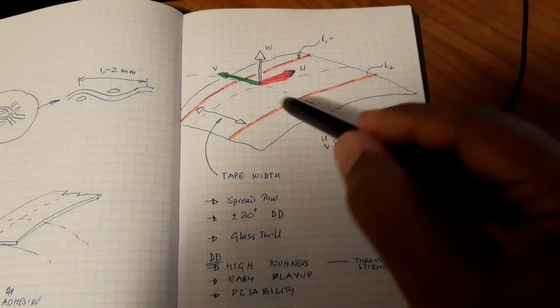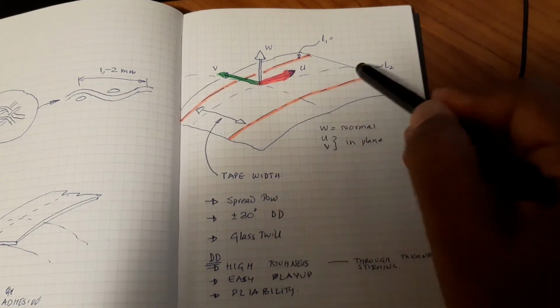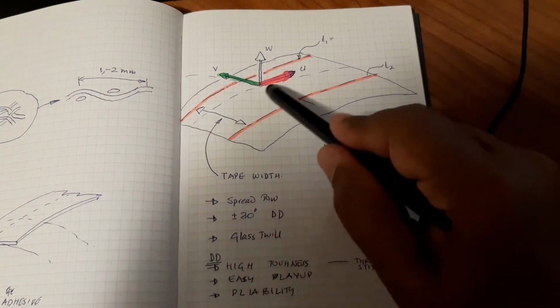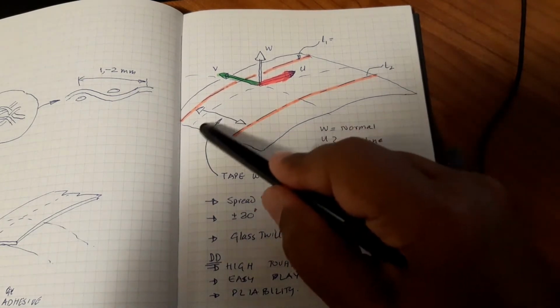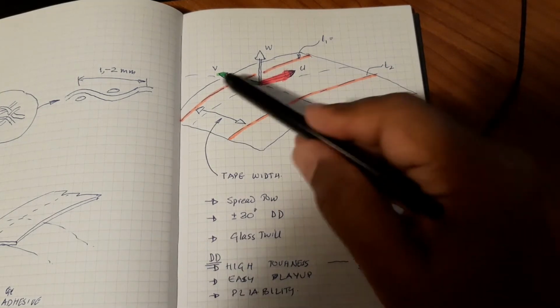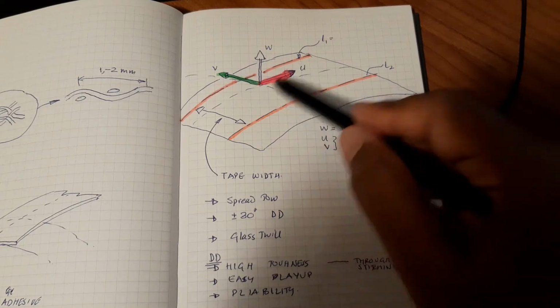Now what happens is that, suppose you place this tape on the surface, the center line of that tape would be at these U and V vectors.